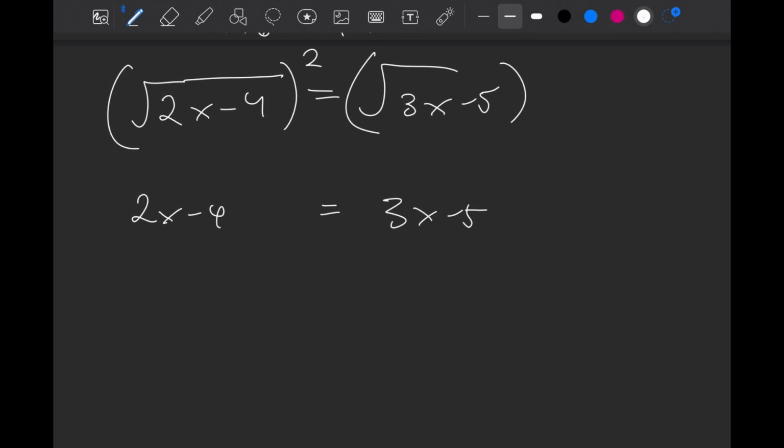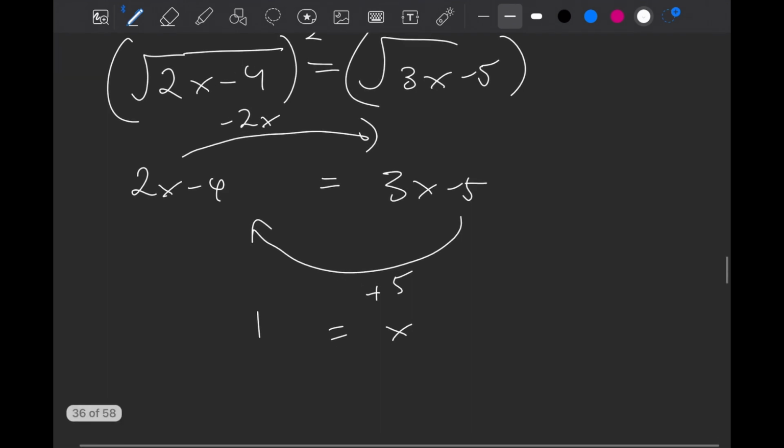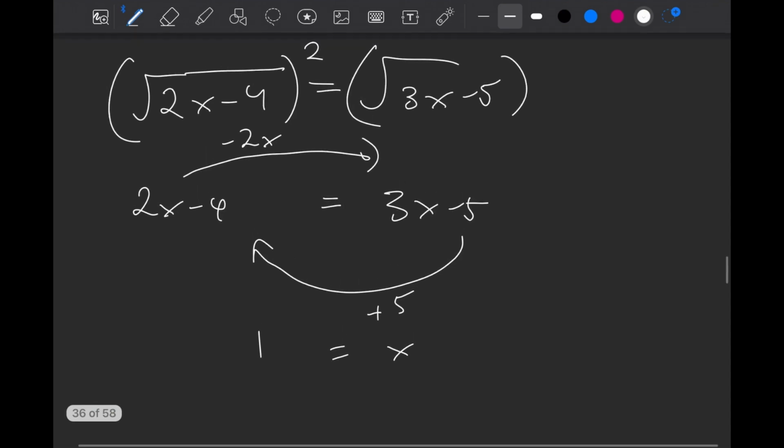Move everything that has an x to one side and all the constants to the other. So minus 2x and plus 5. Then you would have x is equal to 1.